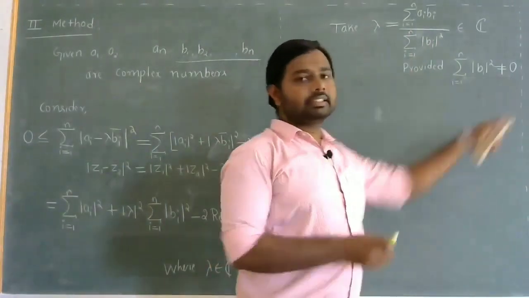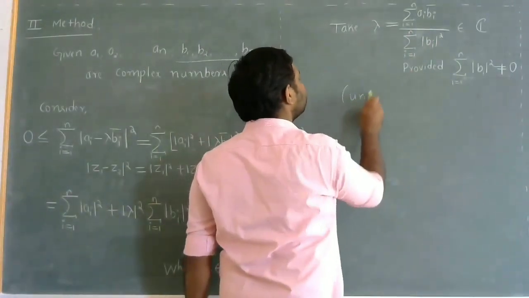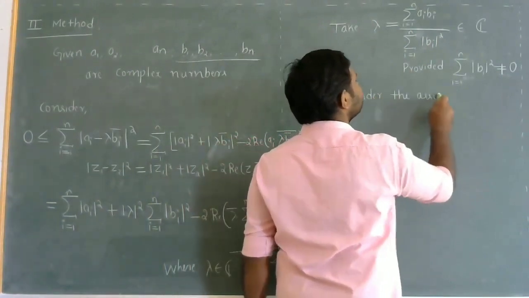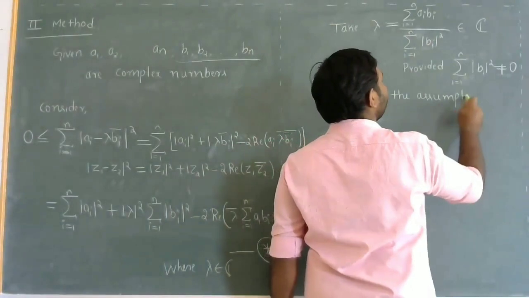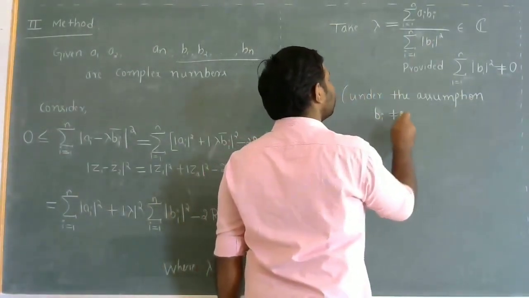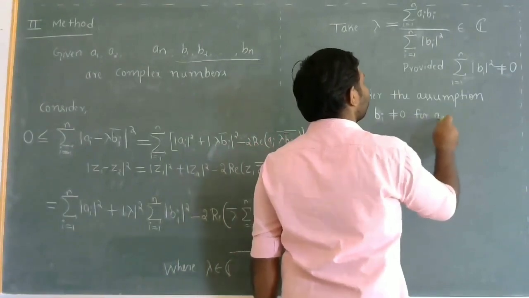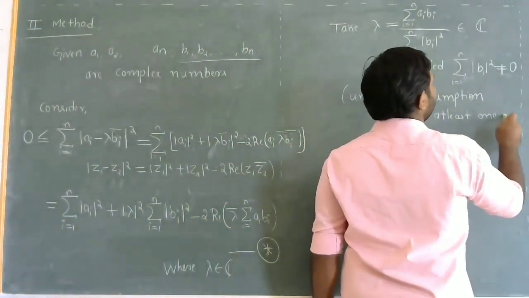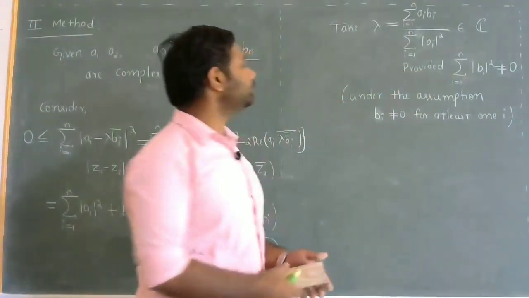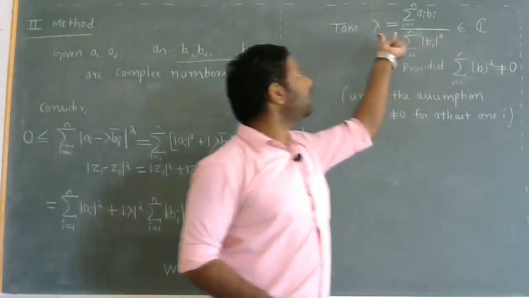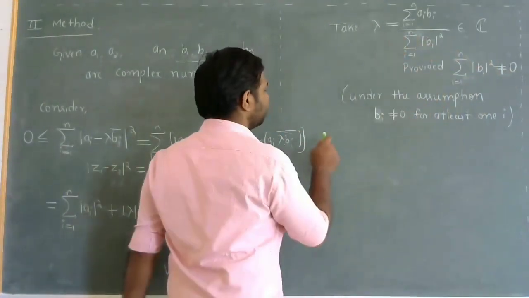This is under the assumption that bi is non-zero for at least one i value. Under this assumption, this number will be non-zero, so lambda will be defined.